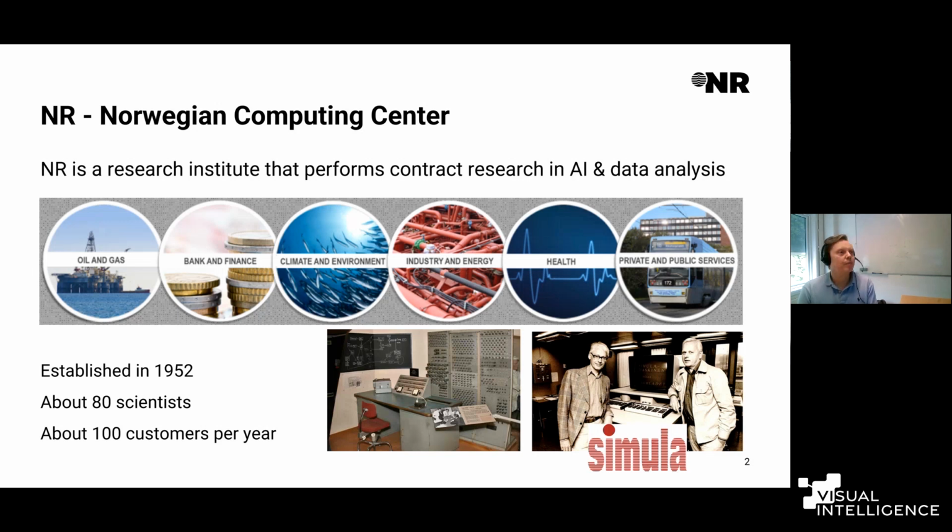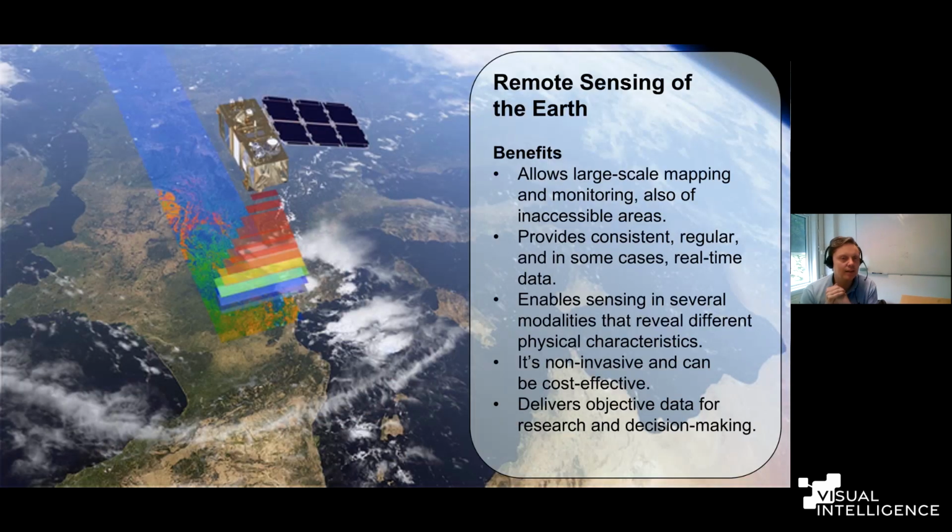Earth observation or remote sensing is a topic we will focus on here. So the benefits of using satellite Earth observation is that it allows large-scale mapping and monitoring in inaccessible areas, like sea ice far out to the sea, in the mountain areas and stuff like that.